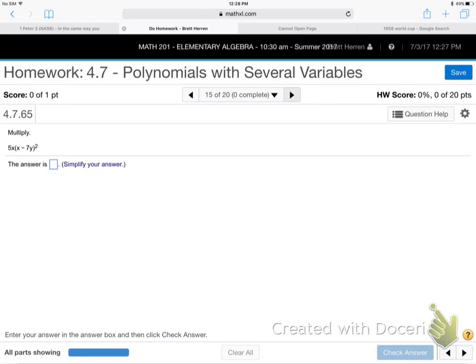So number 15. So we got 5x times x minus 7y quantity squared. Okay, so you know what to do, right? The parentheses first.